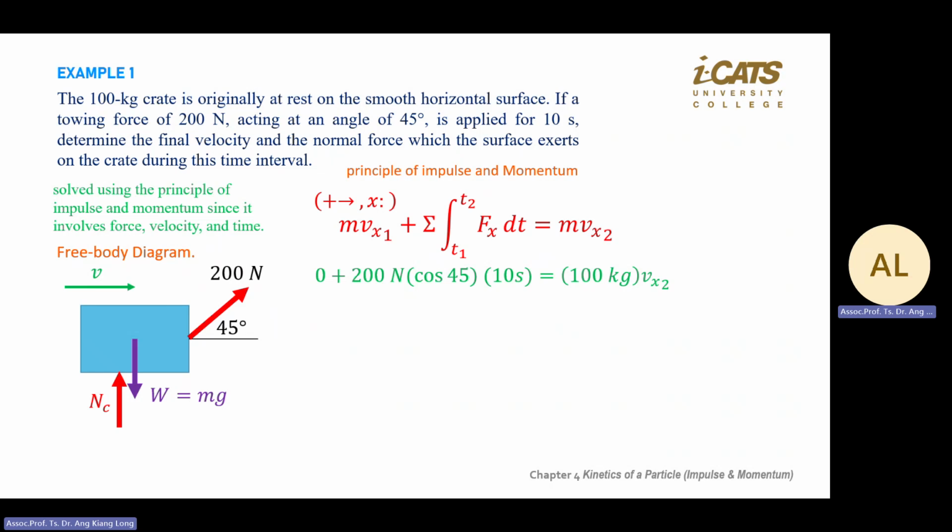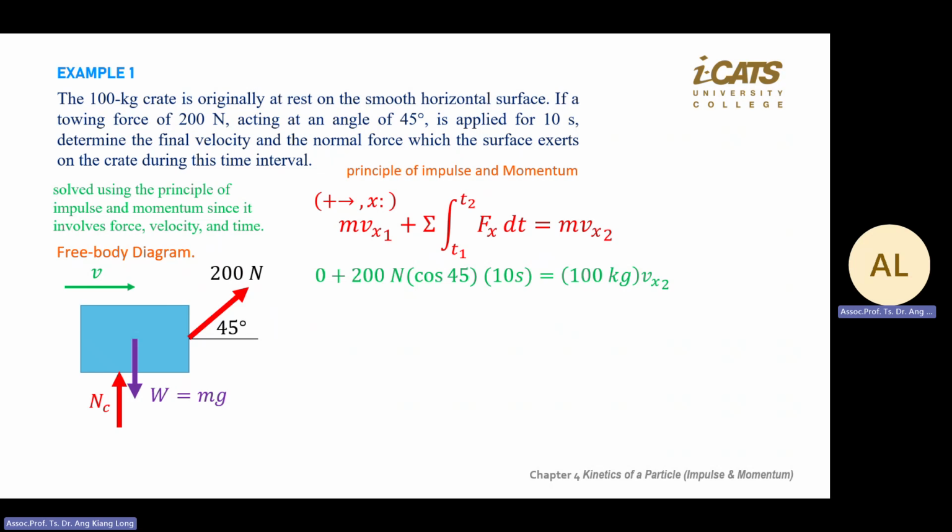Then you pull your Fx out, Fx is cos 45. Time is given, 10 seconds. M you know, 100. V2 you don't know.